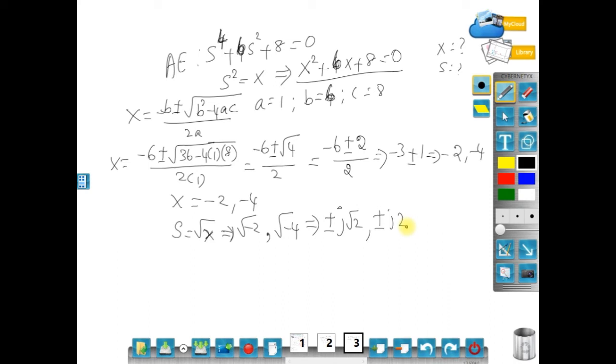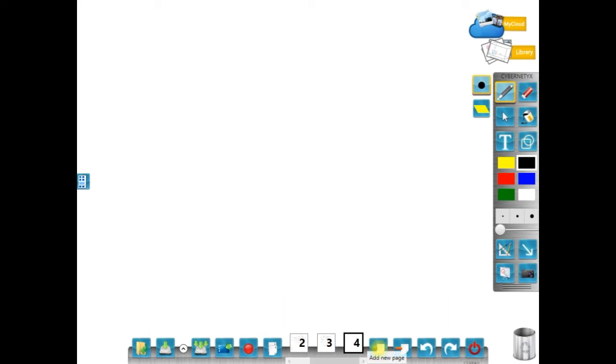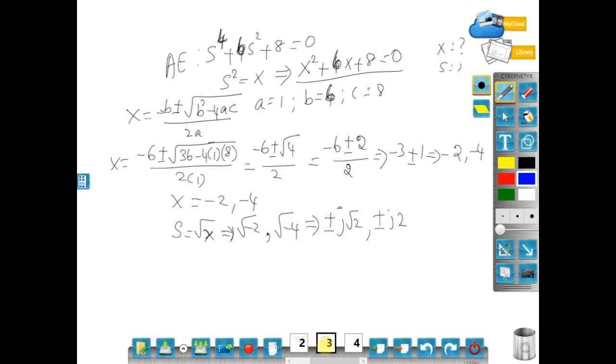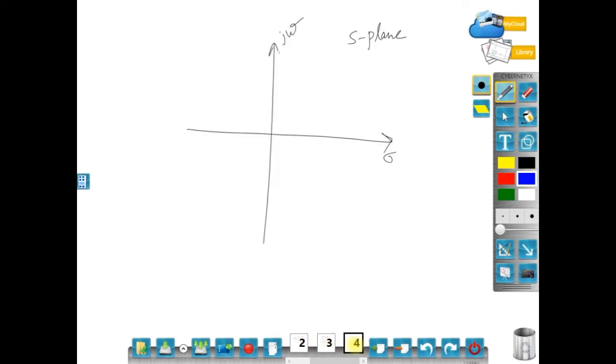So location of the roots, I'm just plotting the root value in separate S-plane. This is S-plane graph. See, one of the root is plus or minus j2, right? So this is plus j2, this is minus j2, right?